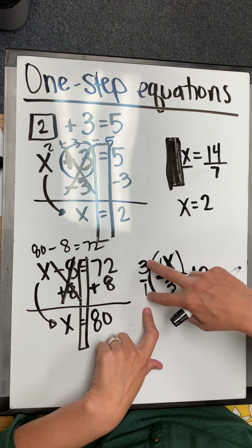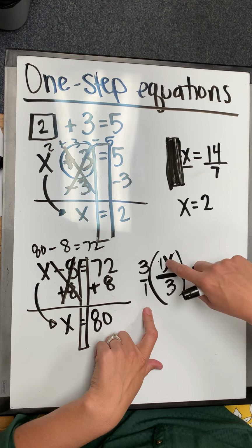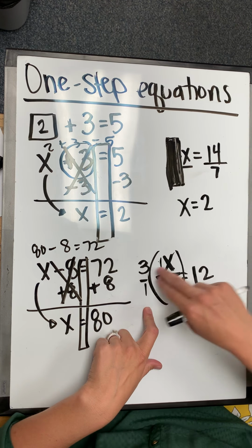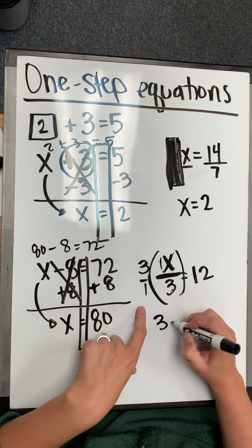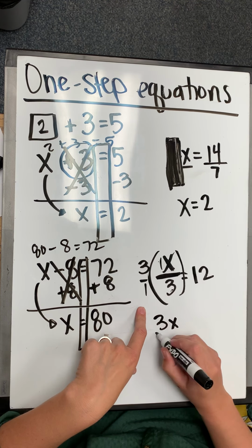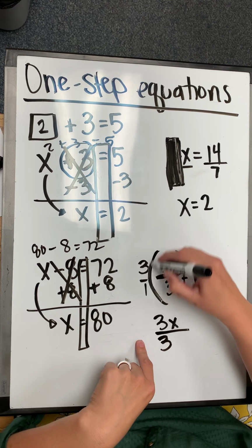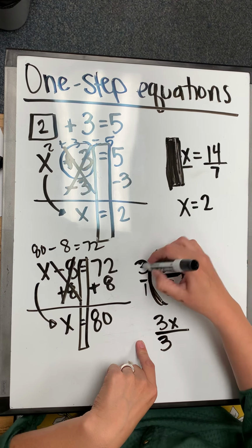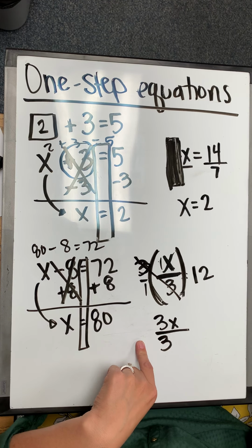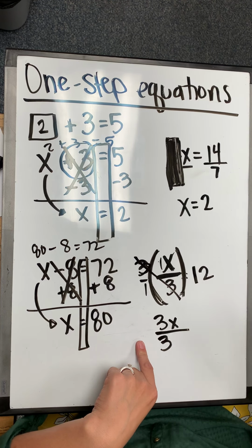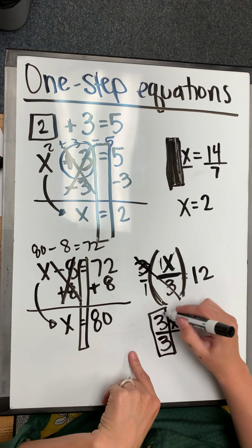Whenever you multiply fractions, it's just straight across the top and straight across the bottom. So what you really get is 3x, because 3 times 1, over 1 times 3, which is 3. So when I put my parentheses up here like this, and I do times by 3, and then I really just cross it out like that, this is really what's happening, and it creates that 1 again.